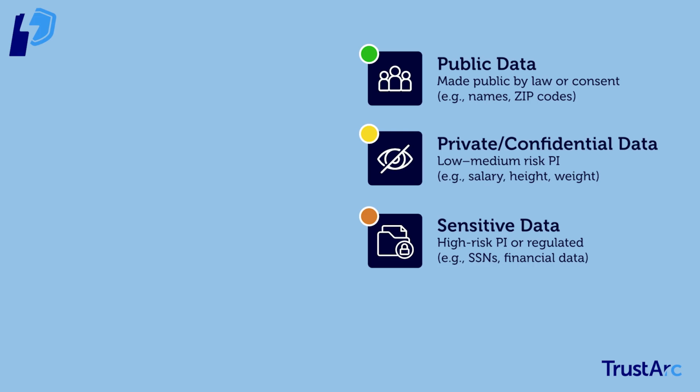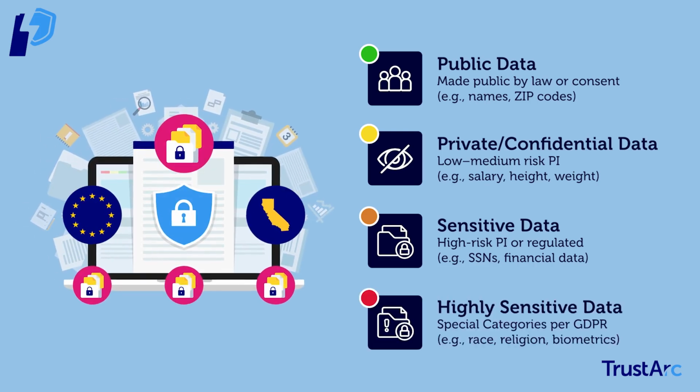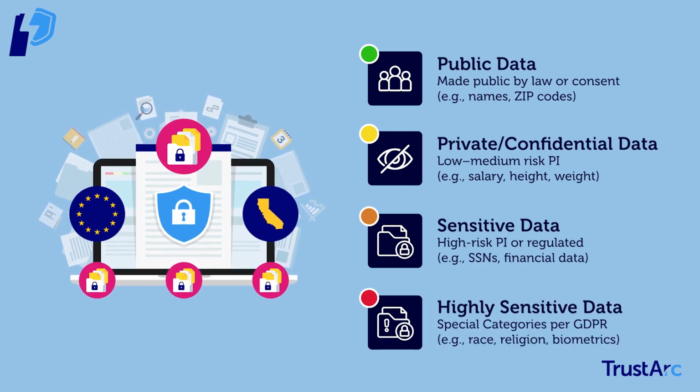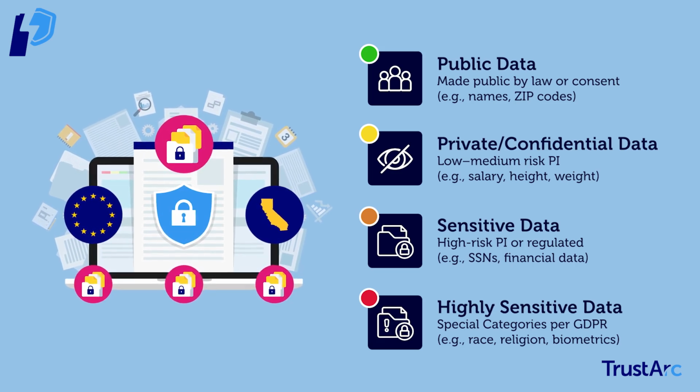The next group and final group would be highly sensitive data. And if we were referring to, in this case, EU's GDPR, these would often be viewed as the special categories of data, which are often recognized as having potentially significant risk for the fundamental rights and freedoms of individuals.